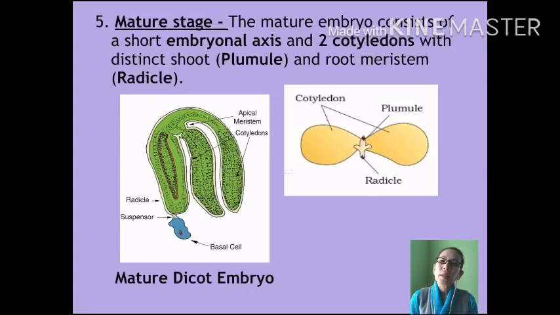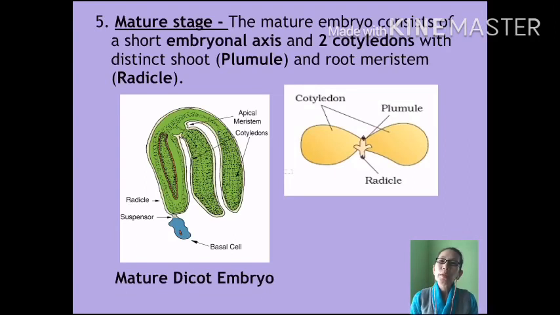And by this stage, the suspensors are all going to be degenerated. And the embryonal axis is going to be consisting of 2 embryonic meristems at their ends.